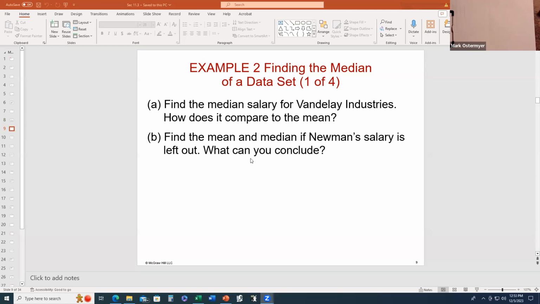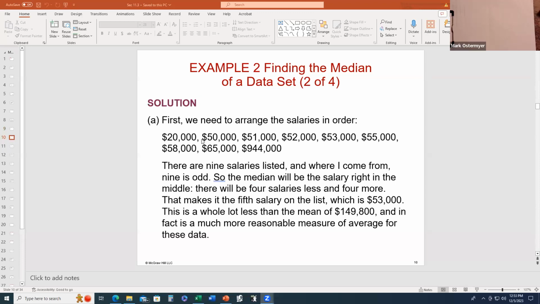So how would we do that? First, we need to order those salaries from smallest to largest. And notice these have been ordered now from smallest to largest, left to right. Now that our data is ordered, we can begin to accurately determine the median value. Notice there were 9 observations in this data set, and 9 is an odd number.